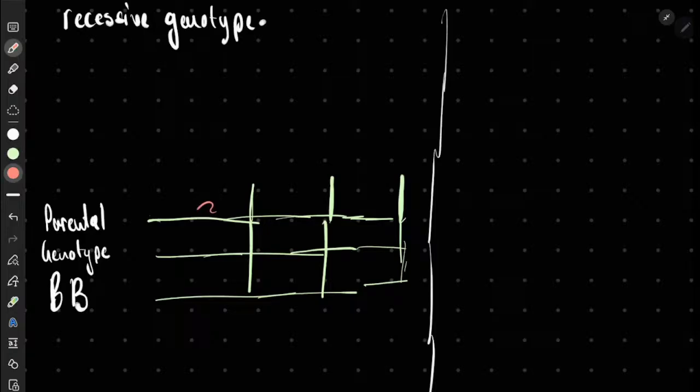Here is the other parental genotype. When we do a test cross, we want to identify an unknown genotype, so we cross it with homozygous recessive.